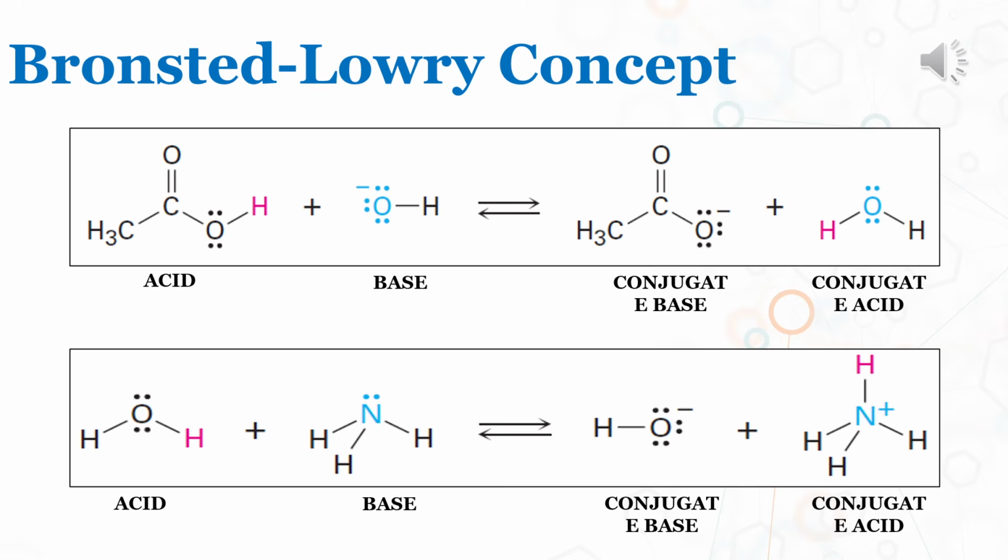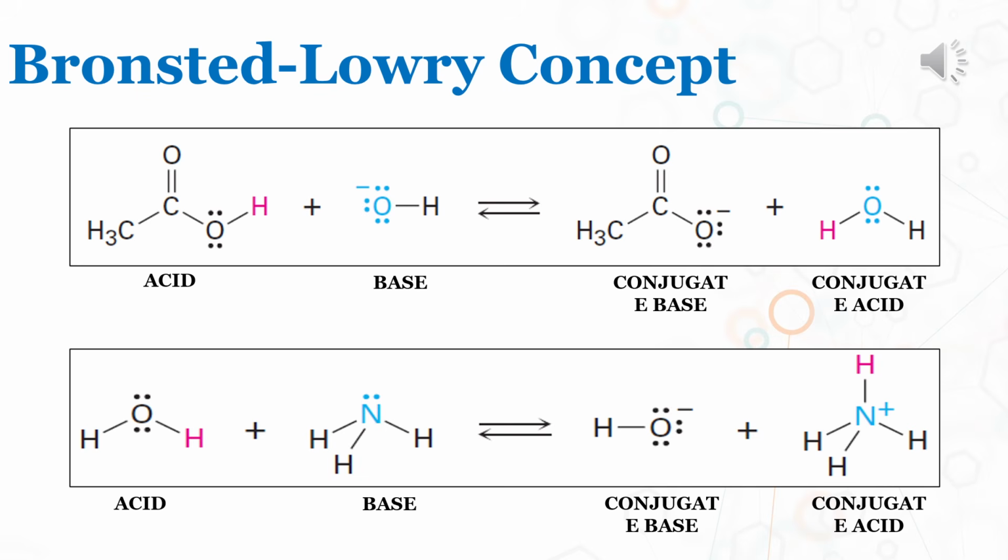And the water turns into hydronium, or H3O, because it accepts the hydrogen coming from the acetic acid. Clear? So next, let's go to the second reaction, the bottom illustration in this slide.